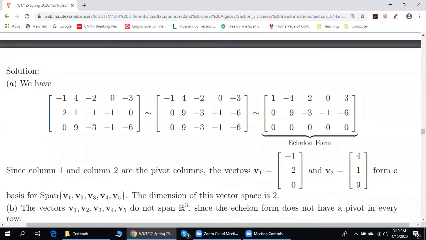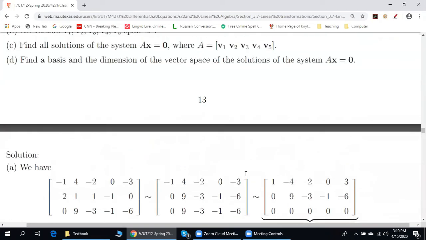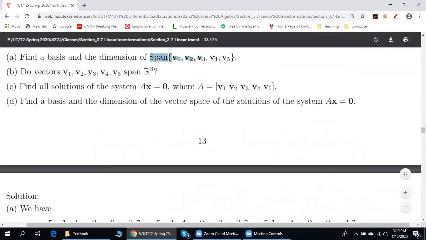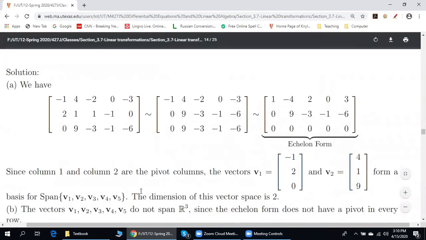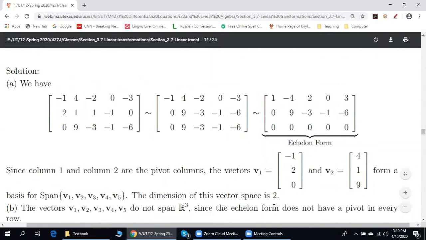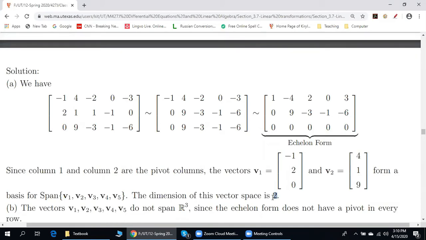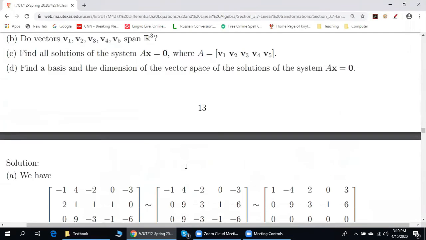Well, here's the logic. Observe that this vector space is two-dimensional. Since our vector space is two-dimensional, any 3 vectors from this vector space are linearly dependent. Okay, cool.